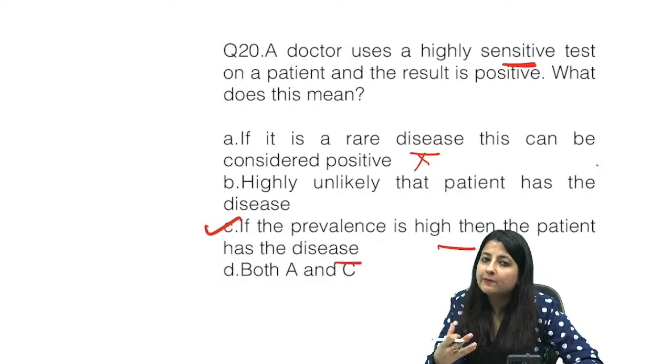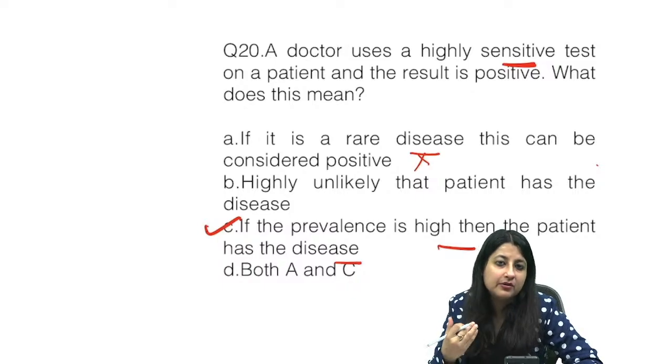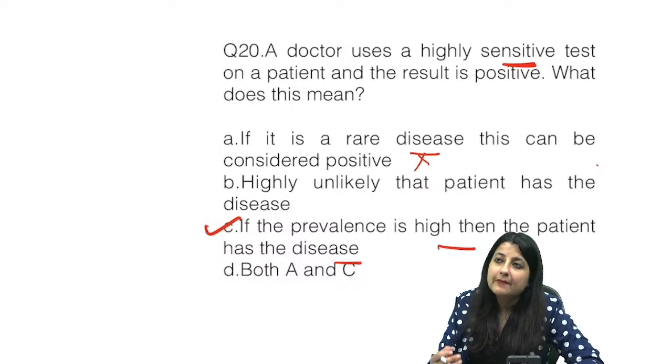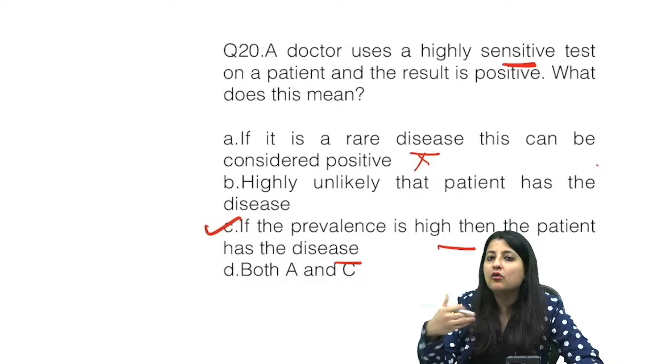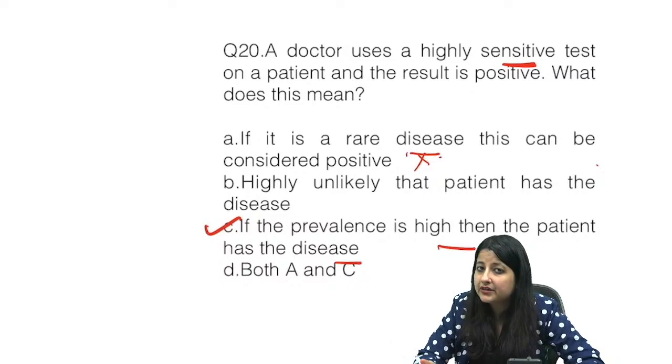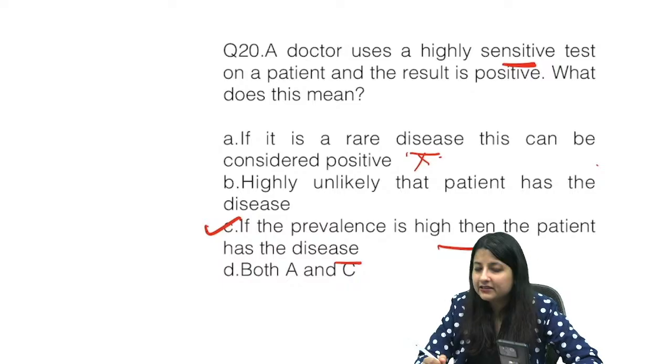If the burden of the disease is high and the test is highly sensitive, then if you come screening test positive, there is more chance of you having the disease. If it were a rare disease, with low prevalence, we could not consider it positive, okay? Highly unlikely that the patient has the disease?